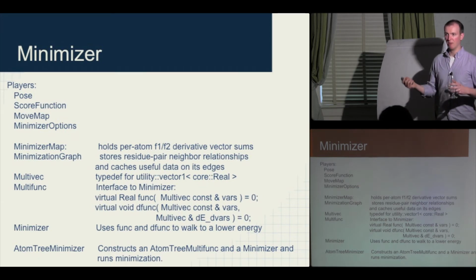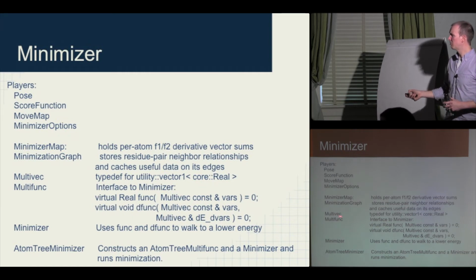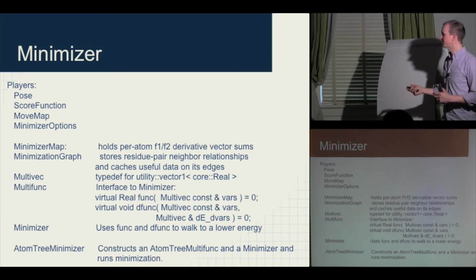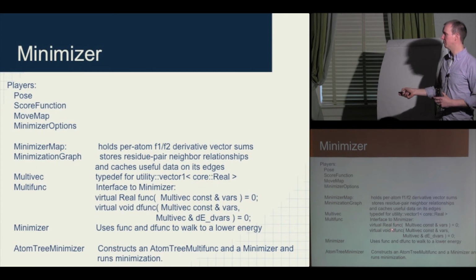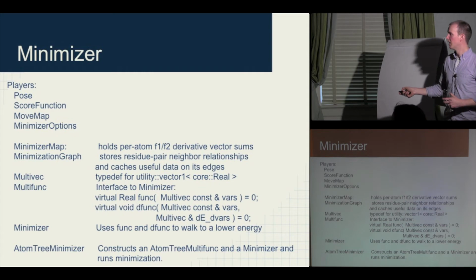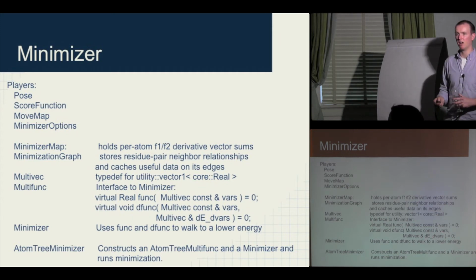Minimization graph derives from class graph. It may not be surprising. Multi-vec, as I mentioned before, is a typedef for utility vector 1 of real. And a multi-func is a function that takes a multi-vec and returns a real. It defines these two functions, func and dfunc. It takes this multi-vec of vars, and that's the func, and dfunc is the derivative of the function with respect to these vars, and it stores its output in dE vars.